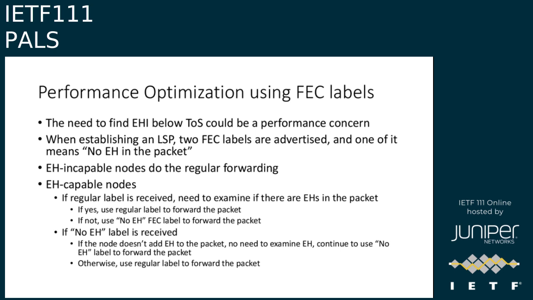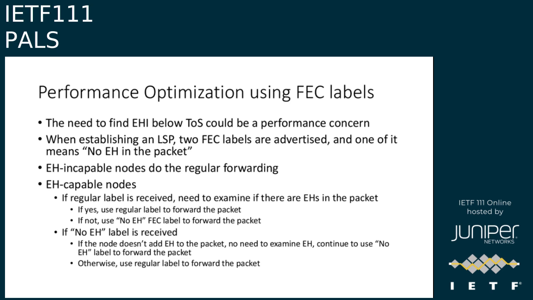We also have ways to optimize the forwarding performance using FEC labels. Right now, if we don't have any other method, we have to scan through the entire label stack to find the extension header indicator. If it's below the TOS, the top of stack, there could be some performance impact.